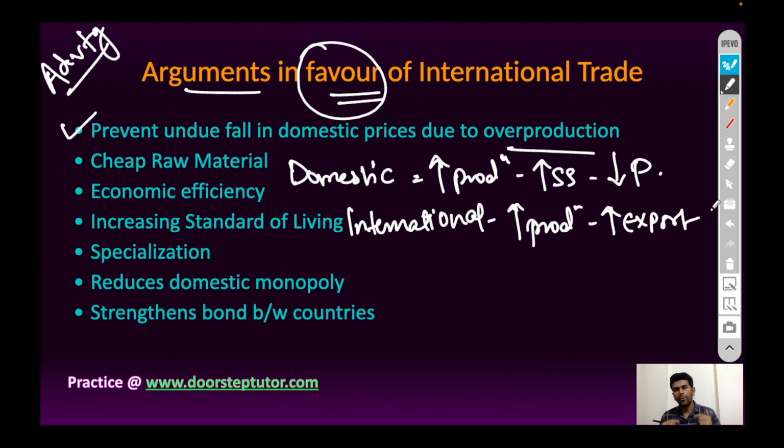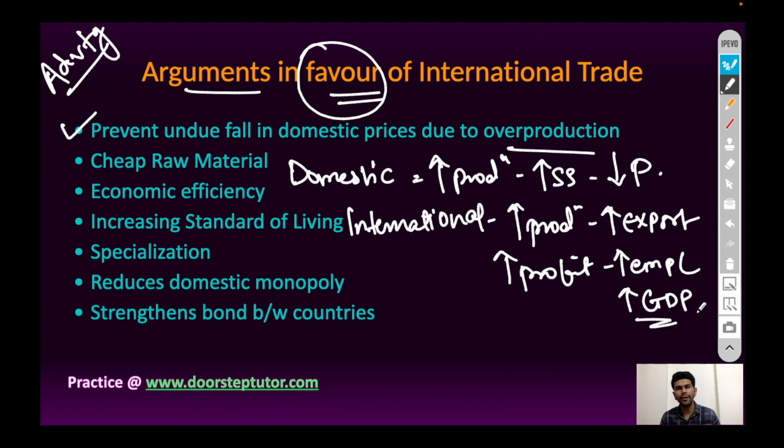So more exports will create more profit and more income. It will also create more employment generation and there will be increase in GDP. Ultimately, it will achieve the aim of economic growth. Next, due to increase in competition, the country can get cheaper raw material from open market.